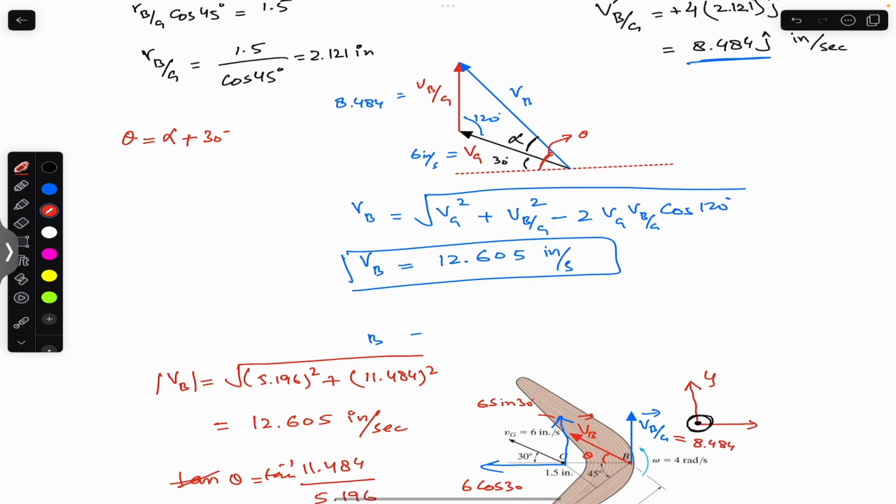So we can apply the sine law to this triangle. Sine of alpha divided by the magnitude of the opposite side, which is VBG, 8.484, equals sine of 120 degrees divided by the magnitude of the opposite side, which is VB, 12.605.